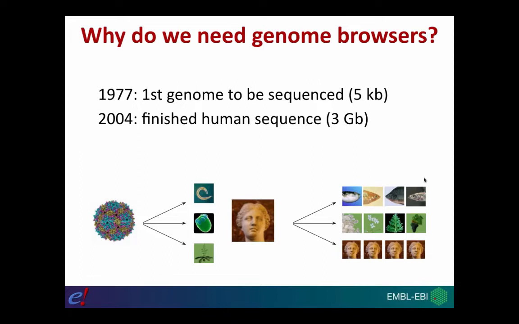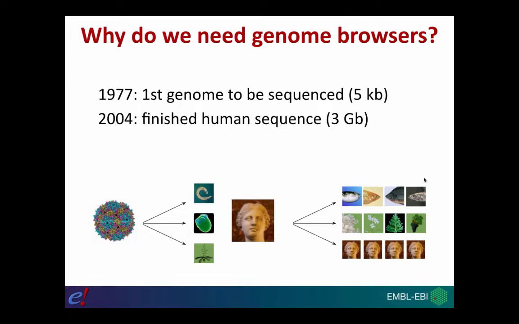But that technology laid the foundations for more and more complex organisms to have their genome sequenced until in the early 2000s, we had the publication of the first draft of the human genome sequence. So that's 3 gigabases in size.